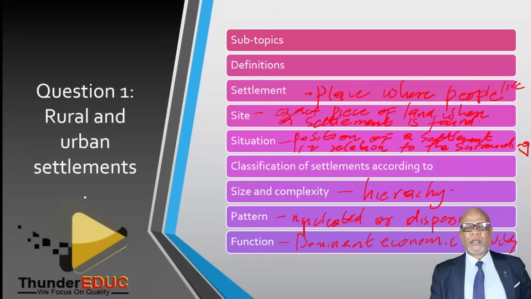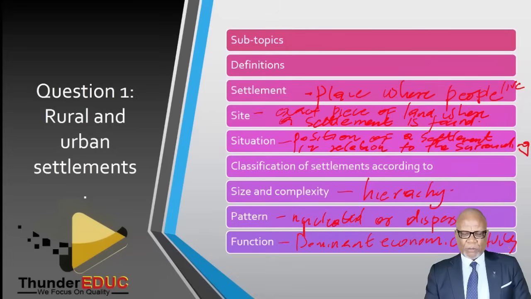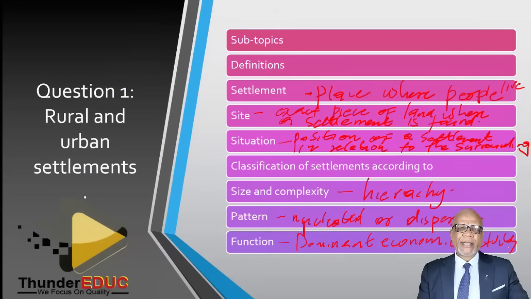So if a question says settlement is rural or is urban, and then the classification, is it according to size, is it according to pattern, or is it according to function? You must know the settlement is called rural, not because of its size, not because of the pattern, but because of the function. What is function? Dominant economic activities. What are people doing in that particular settlement to earn a living?